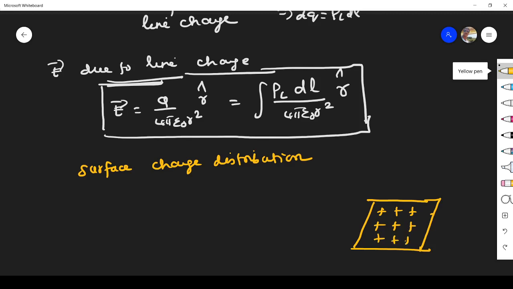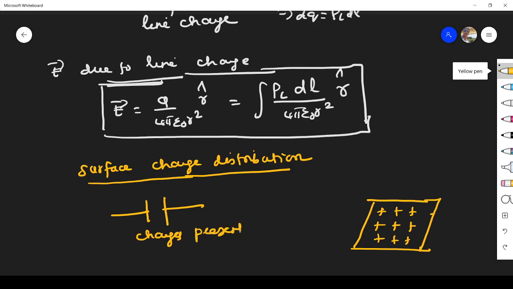This can be modeled as a surface charge distribution, where charges are distributed on the surface, as in a capacitor. In a capacitor, charges are present on the surface only, not inside.